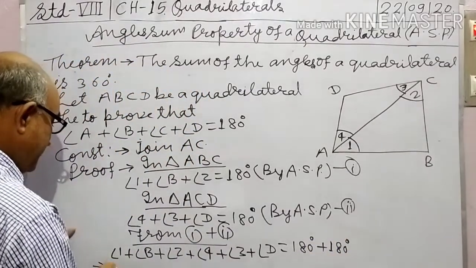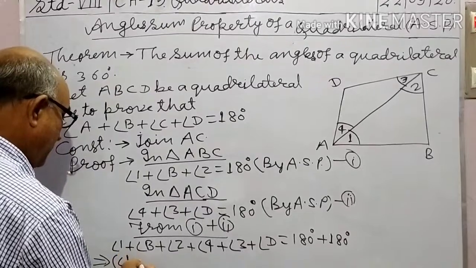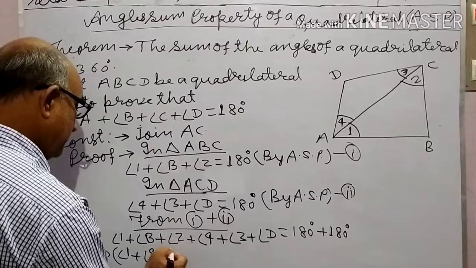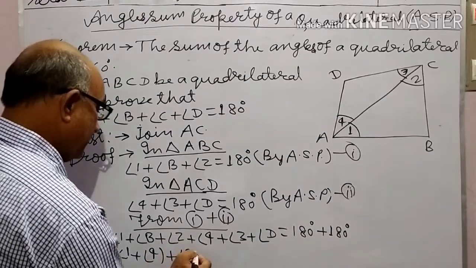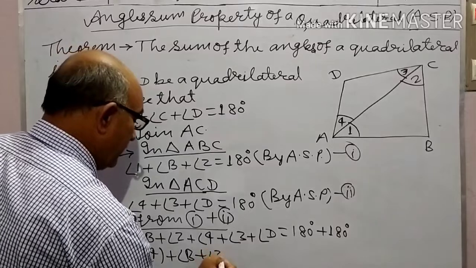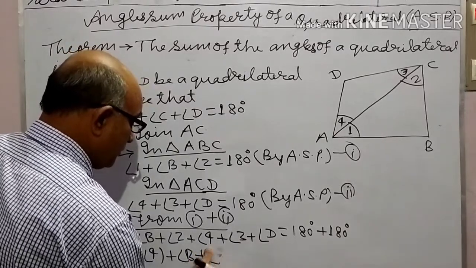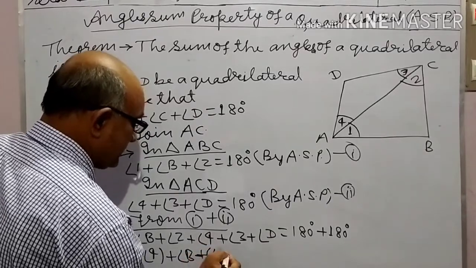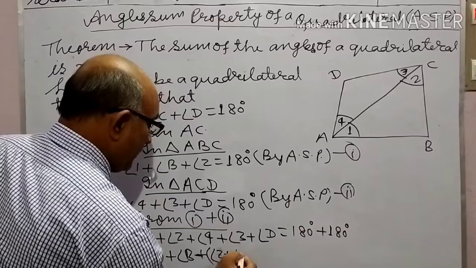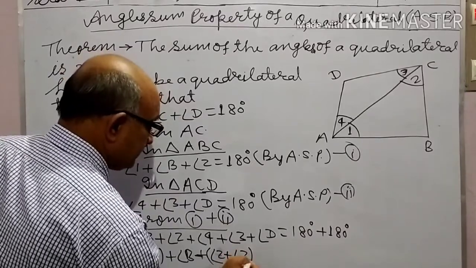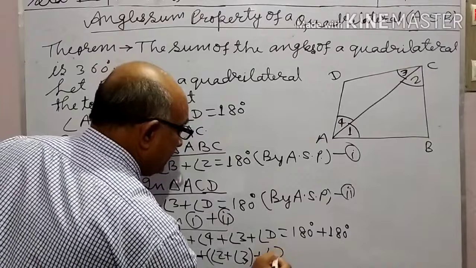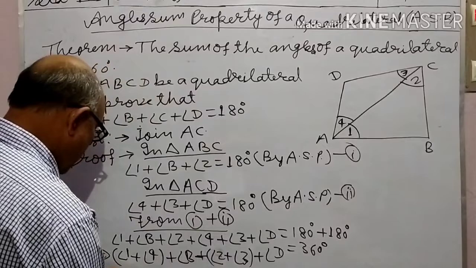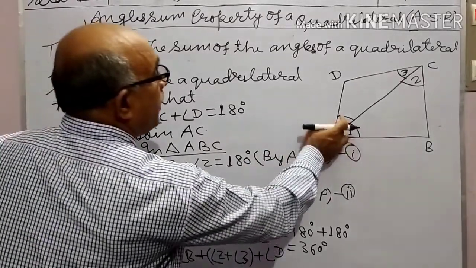Now arrange it: angle 1 plus angle 4 plus angle B plus angle 2 plus angle 3 plus angle D equals 360 degrees.